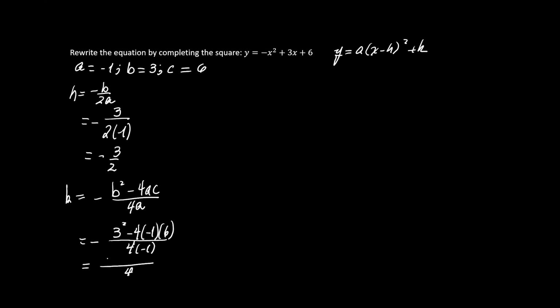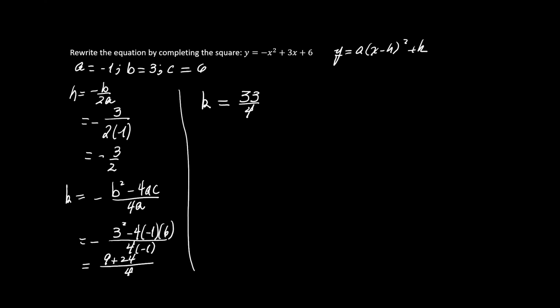On top, I have a 9, minus a negative gives me a plus, 4 times 1 is 4, times 6 is 24. So k equals 9 plus 24, which is 33 over 4. That's k.